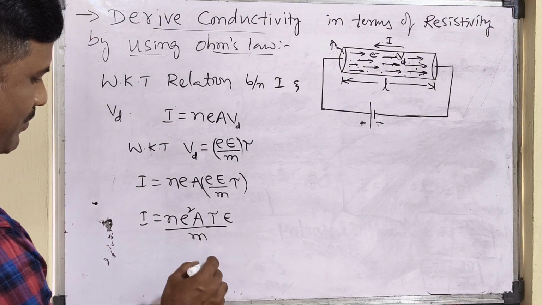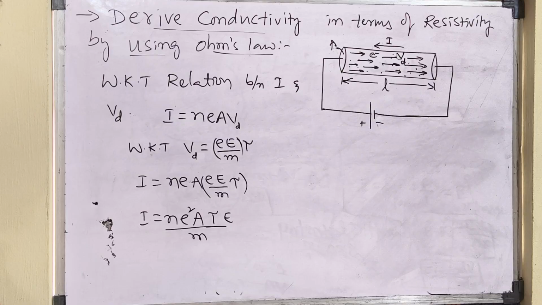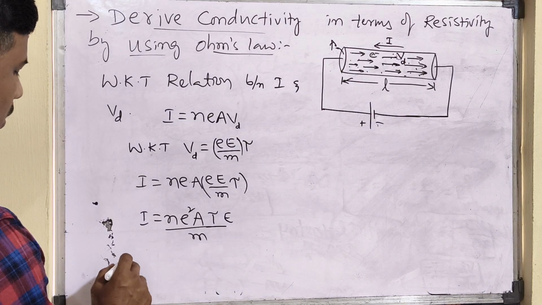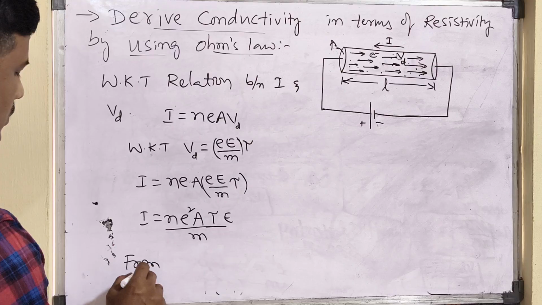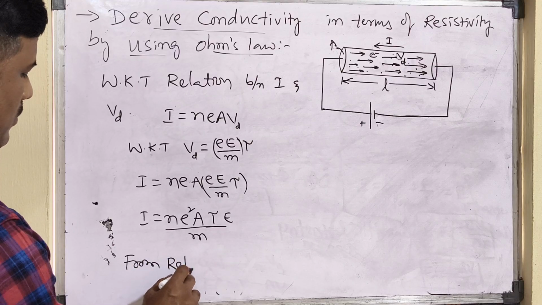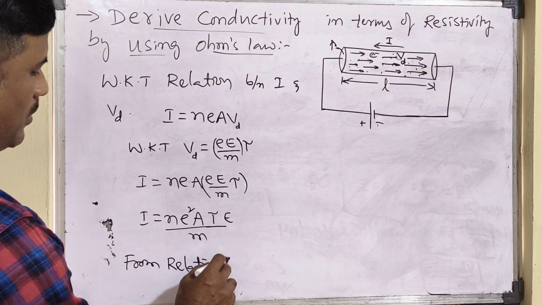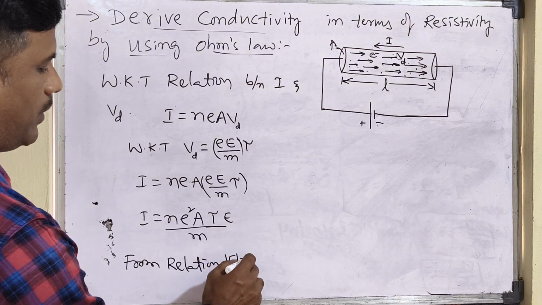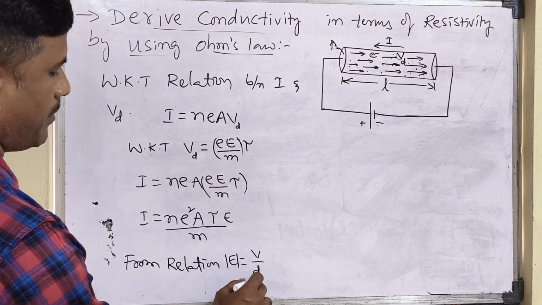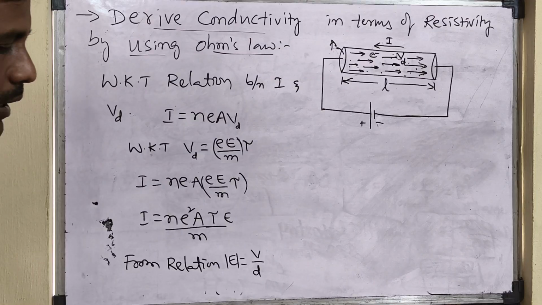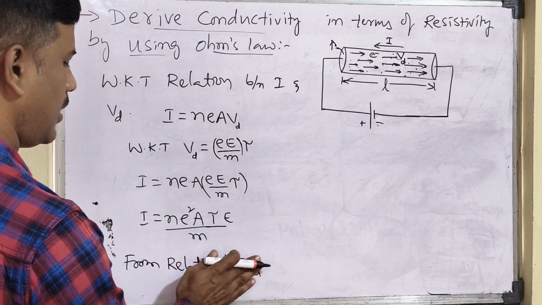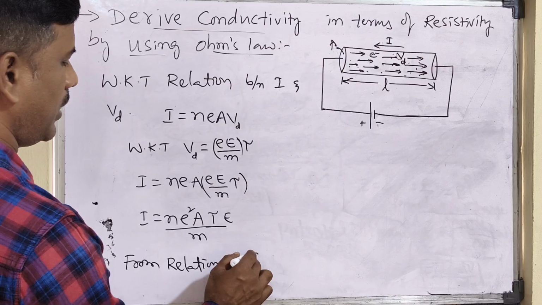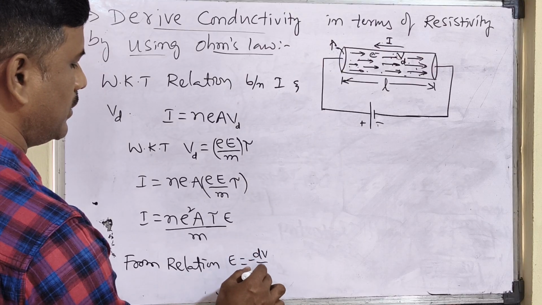Already we know that relation, one of the relations about the electric field. We did it in the last class. So E is equal to the magnitude of the electric field, V by d. So what's our V by d? Already we did in the last topic, minus dV by dx.